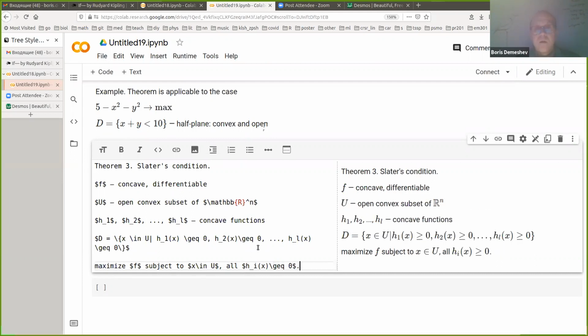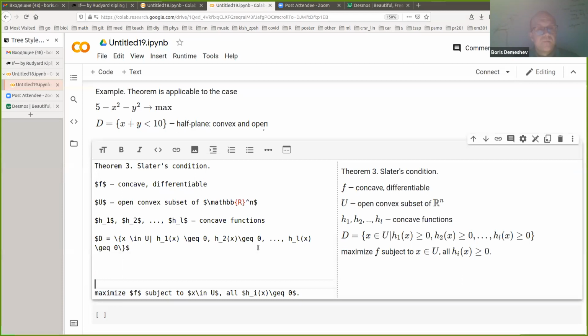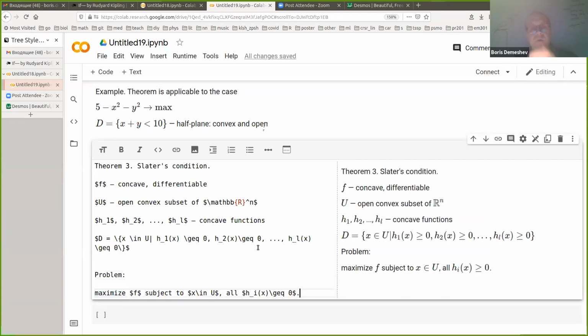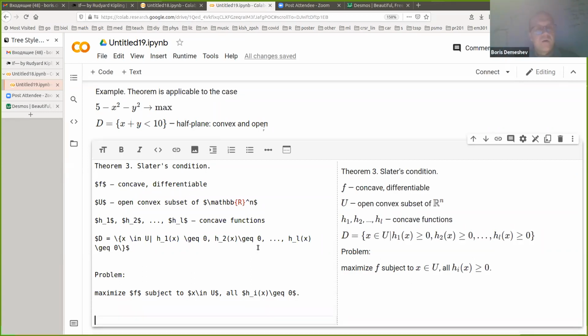So the problem is to maximize F given that all H1, H2, H3, and so on are greater or equal than 0.